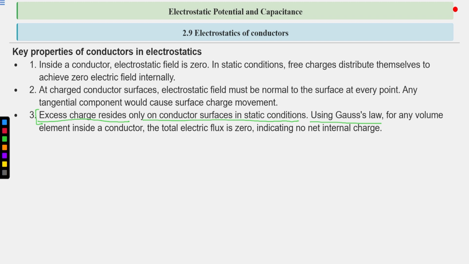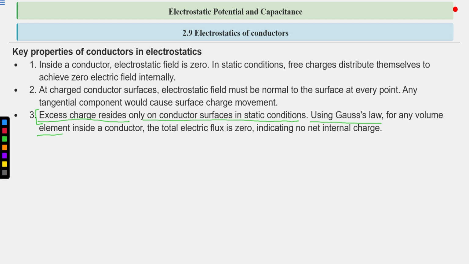Now we know that inside the conductor there is no electrostatic field present. So if we take any small volume inside the conductor, you can assume that if a very big sphere is there, we can assume a small volume inside that sphere, an enclosed surface, a very small sphere in that bigger sphere. Since there is no electrostatic field present inside the conductor, there will not be any electric flux through that small volume element.